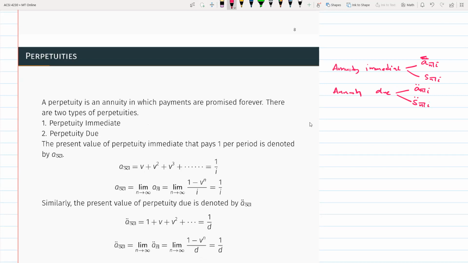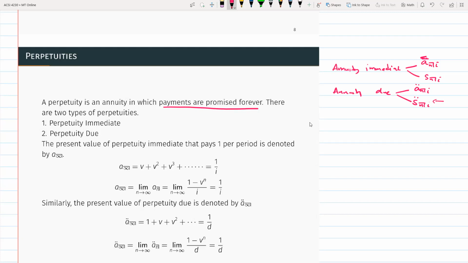So now the third type, perpetuity. The perpetuity, the key to differentiate it from others is payments are promised forever. So there's no end. So basically, you cannot calculate the future value at the end like this.